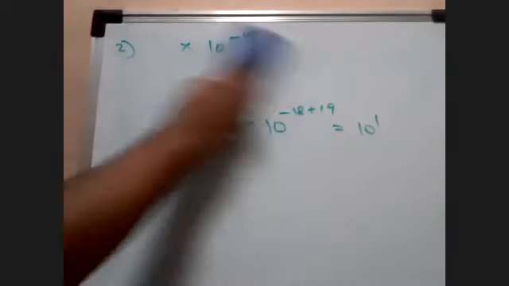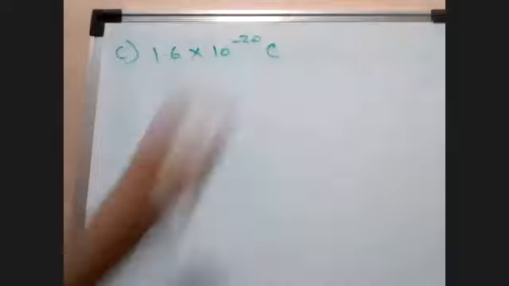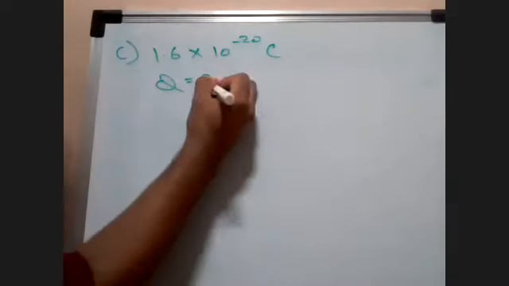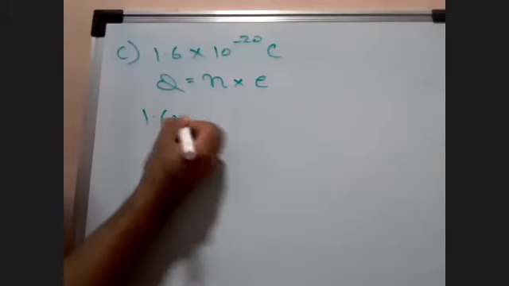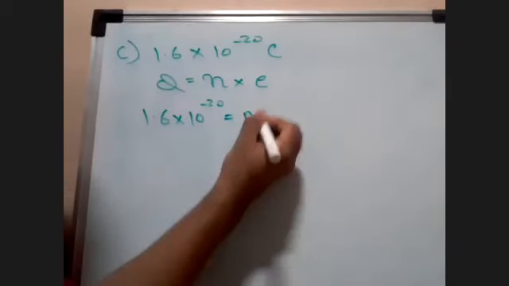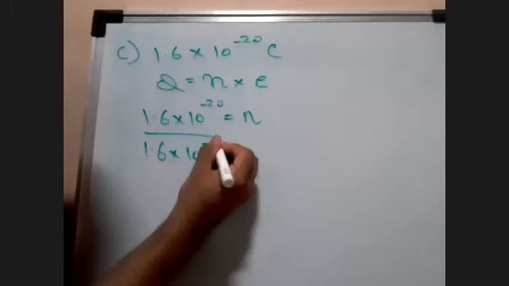Let's look at the third one. The third one is 1.6 into 10 raised to minus 20 coulombs. Similarly, Q is equal to N into E. 1.6 into 10 raised to minus 20 is equal to N times E. Taking E down, it is 1.6 into 10 raised to minus 19.